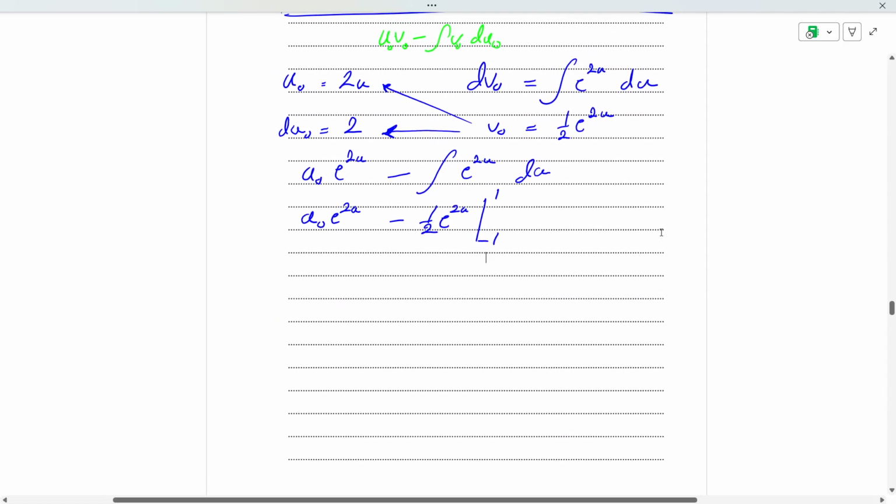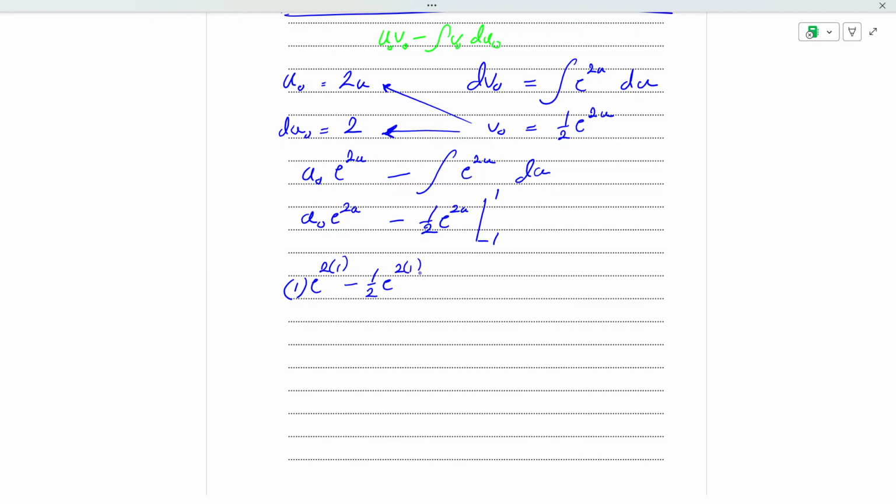When you plug in those limits, you have e squared, plugging in the limits. Then you have half e to the 2 multiplied by 1, and then you bracket minus, because this is the upper limit. Now I'm subtracting the lower limit, which is -1.